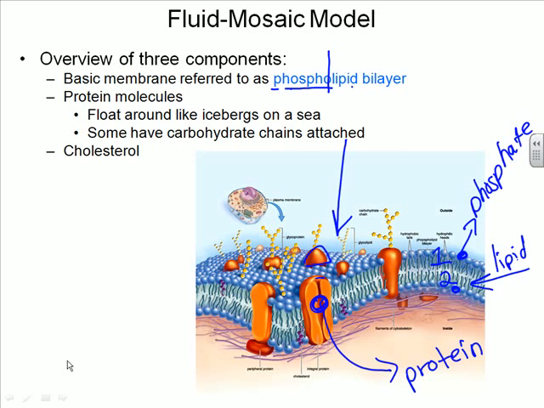Notice the protein comes very deep below the surface and may even be found on the inner surface. Some of these proteins also have a carbohydrate chain attached here. And we also have the addition of cholesterol there. So you can see it's like looking at mosaic tile. We have a variety of things that make up our phospholipid layer.